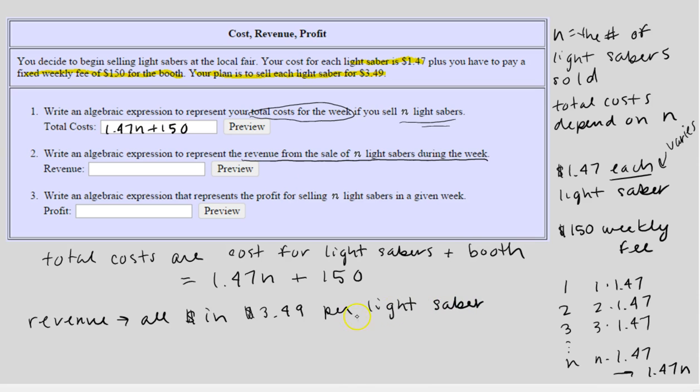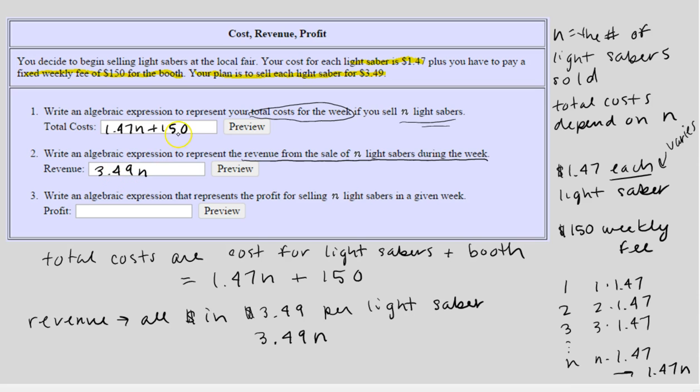And remember, the number of lightsabers, we don't know that. That could vary, and we're representing that with n. So our revenue will be $3.49 times n. Okay, so that's how much money we'd have at the end of the day. So if you sold 100 lightsabers, that would be $349.